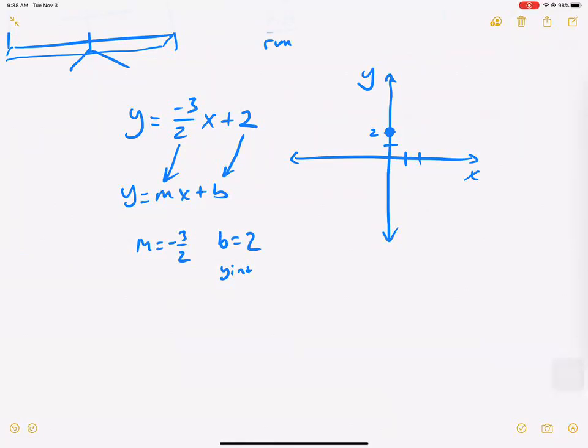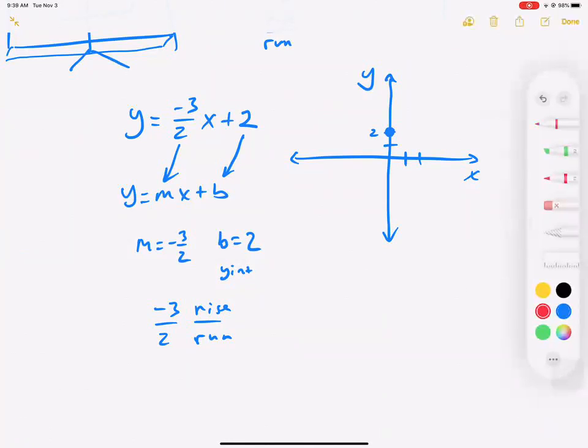My next is follow the slope. My slope is -3/2. Rise over run. So what's my rise? I see -3, right? So from this point, we're going to drop by 3 spaces. 1, 2, 3. What's the run?